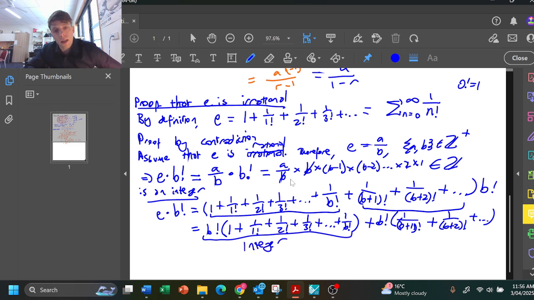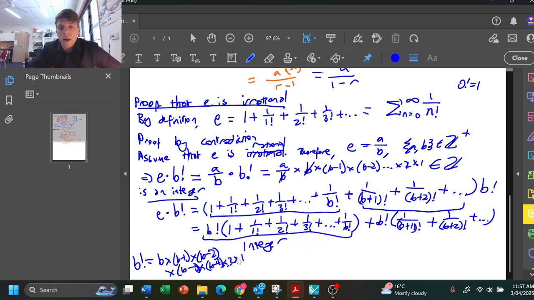Now, why will that be an integer? Well, we have here b factorial, where b is some number. In that b factorial, by definition, that will be equal to b times b minus 1 times b minus 2 times b minus 3 times b minus 4, etc., all the way down to times 2 times 1.